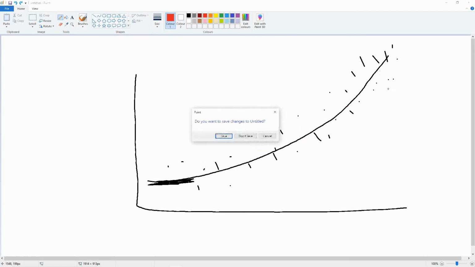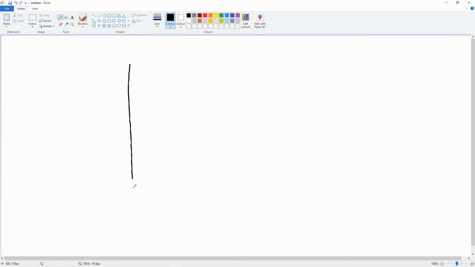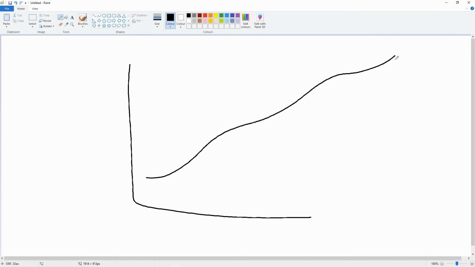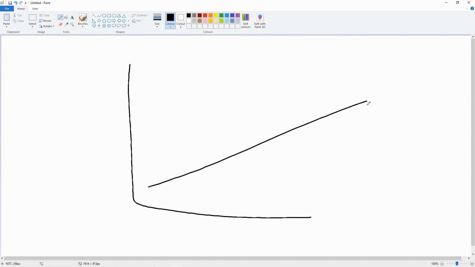Technically speaking, if my positive relationship waved, so it got a little bit stronger here, then weaker there, then stronger, then weaker, because it's still all moving in the same direction, it's still monotonic. But this isn't linear. Linear requires it to be a straight line.